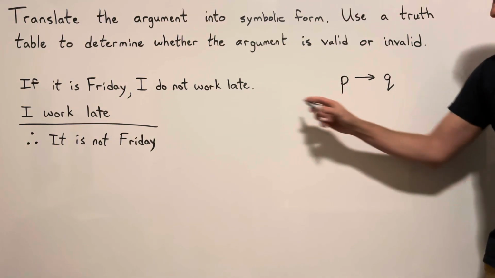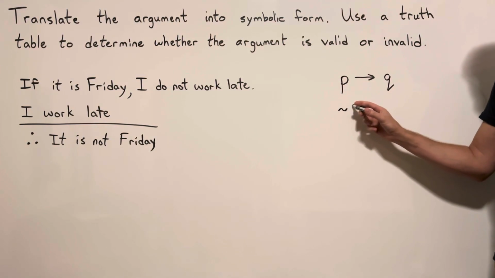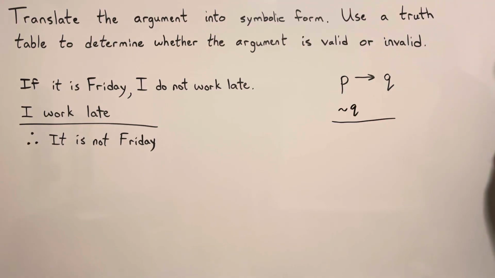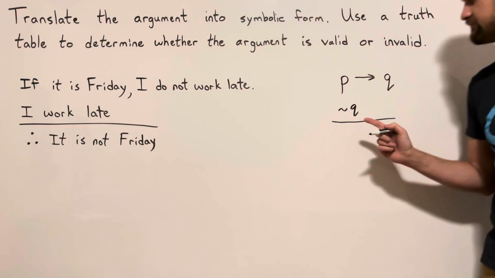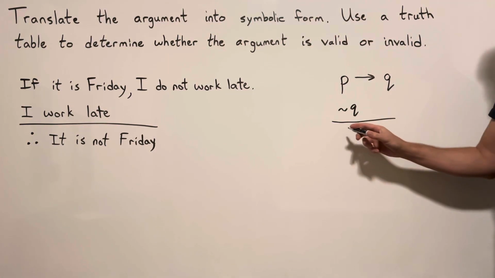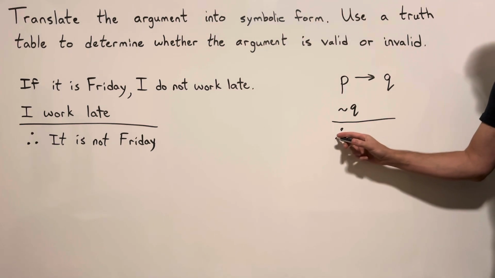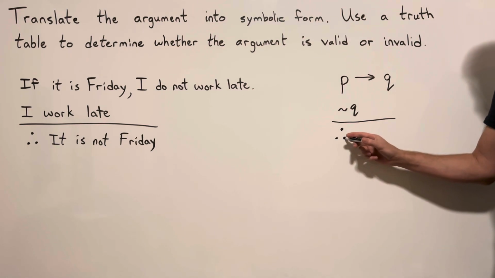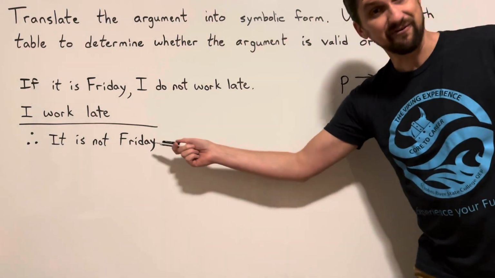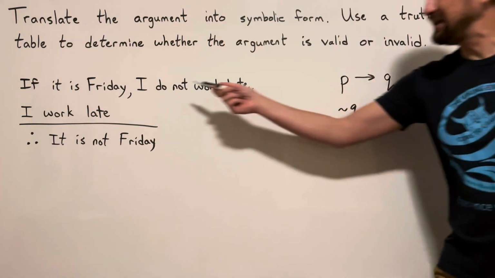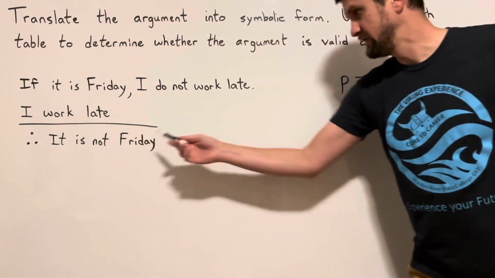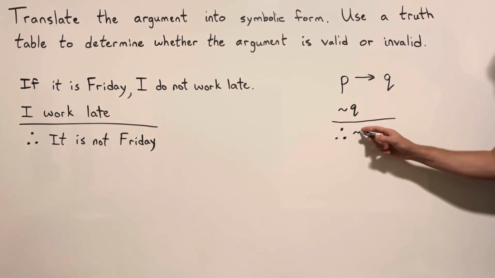So the second line is going to be tilde Q. That's the negation of Q. Therefore, it is not Friday is the negation of P, which is it is Friday. So this would be tilde P.